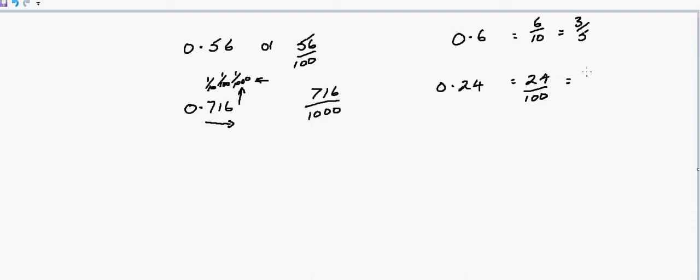So 24 divided by 2 is 12, and 100 divided by 2 is 50. So can I cancel again? Well, yeah, I can, because 12 and 50 are both even numbers. So 12 divided by 2 is 6, and 50 divided by 2 is 25. So 0.24 is actually 6 over 25.